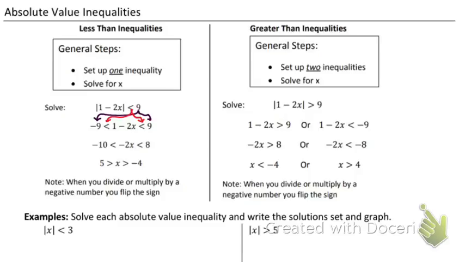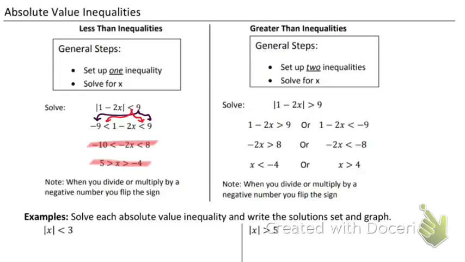So we rewrite that as negative 9 is less than 1 minus 2x is less than 9. So a less than statement turns into a compound statement that has less than symbols in both places. And then you just solve it. You just solve it to get x alone in the middle. Do not forget that when you divide by a negative, because that's what's happening here, we switch our signs.